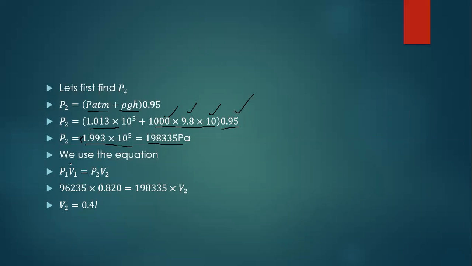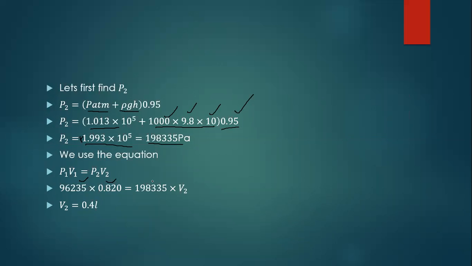So from there we can use the equation P1 V1 equals P2 V2. We know P1, which is at the surface. We know the volume. Why are we not changing the volume? We can keep it as liters the way it is. I explained, I'm sure, that when using this formula, we can keep the units the way they are.